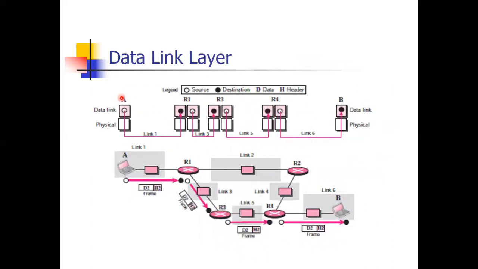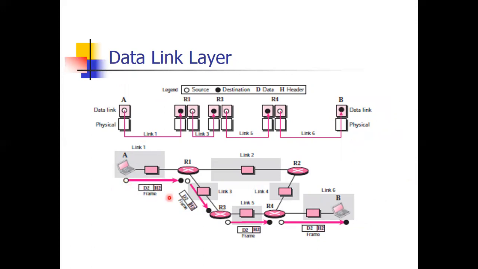Now next layer added, that is your data link layer. Now the word is data, so definitely it is a combination of bits, and one header is added. D for data bits and H for header. When the header is added, it is called a frame. The communication between computer A and computer B happens by the frame.